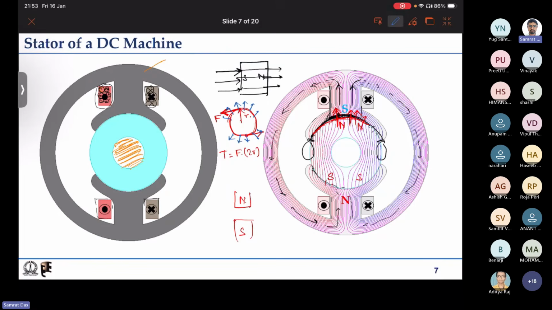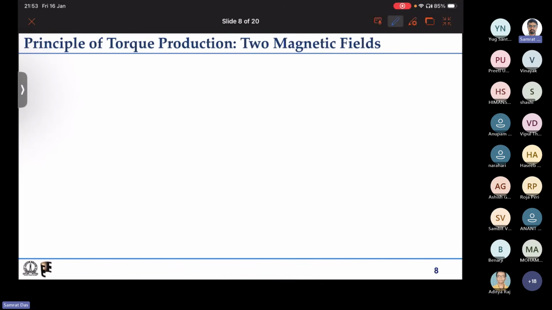But at least we have created one field, or some high flux density in the air gap. Now let us see what is actually needed for torque production in an electrical motor. As the title tells you, we need two magnetic fields. We already have created one magnetic field. Let us try to see that through examples.